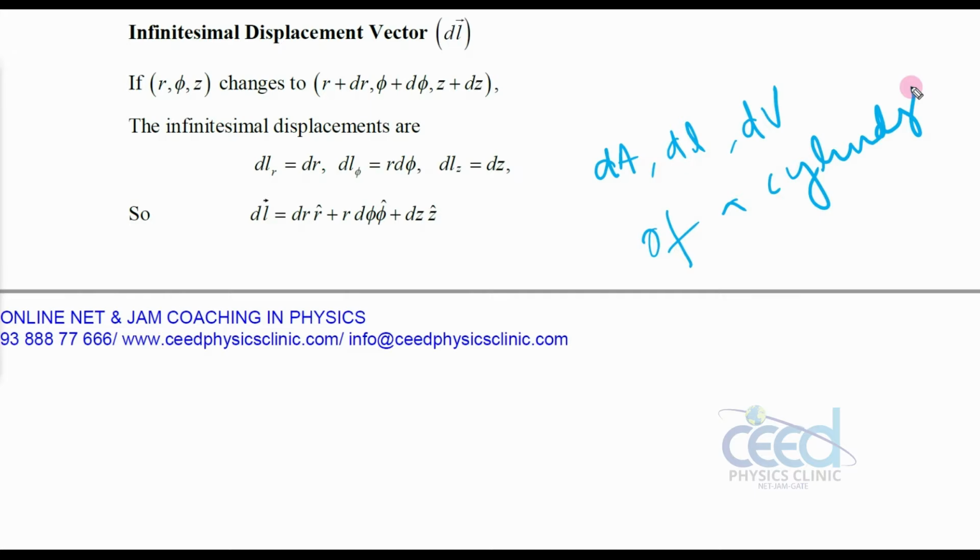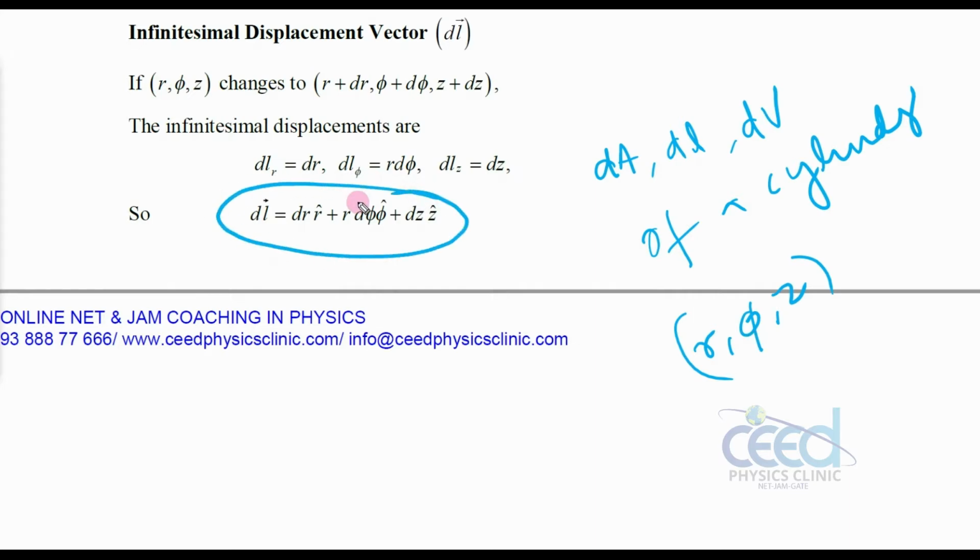In the last lecture we have seen what the cylindrical coordinates are, that is r, phi, z. So I recommend watching the last video before coming to this. Now how can we represent the length element?